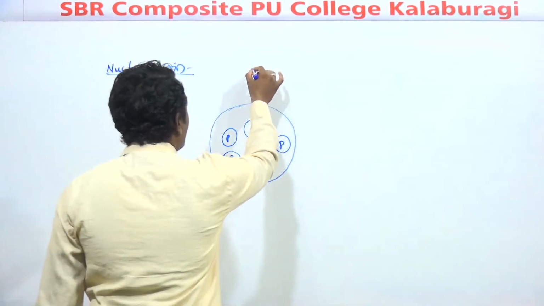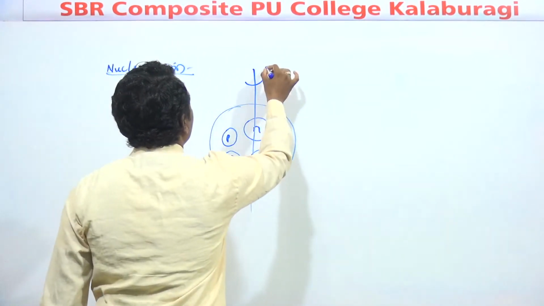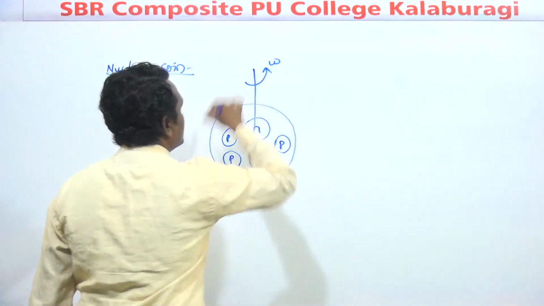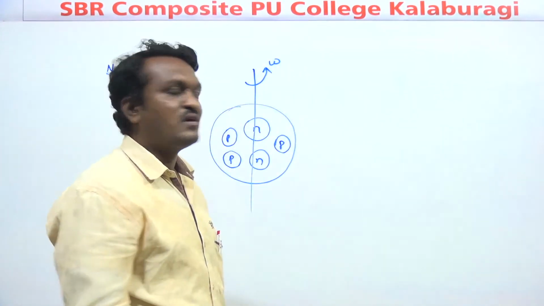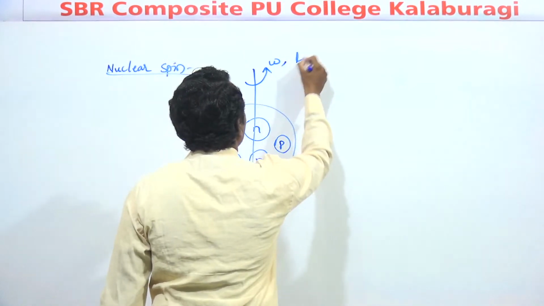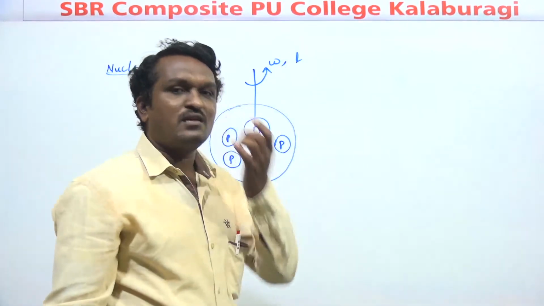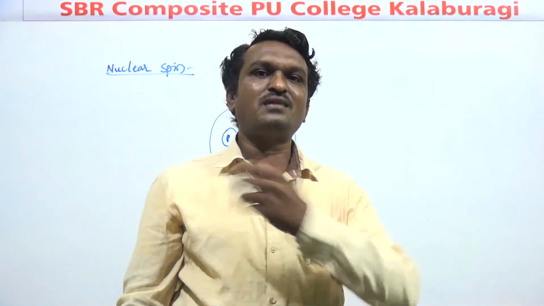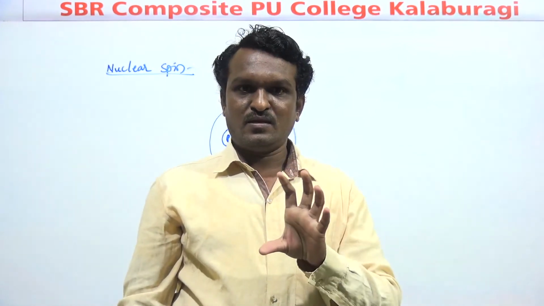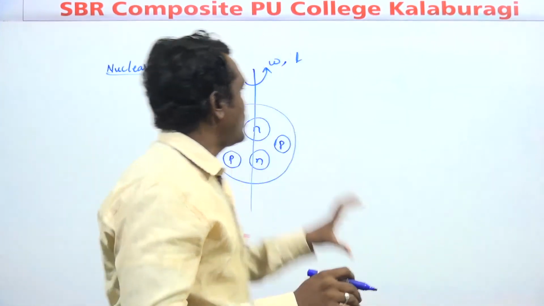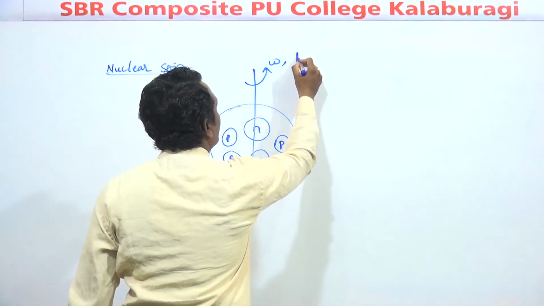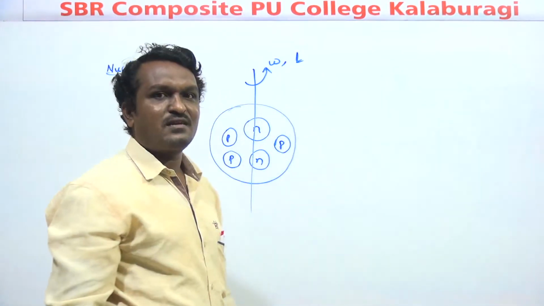This entire nucleus is spinning about an axis with some angular velocity, and it has some angular momentum. Usually angular momentum we denote by the letter L, small l or capital L. When we take it as a whole, in combination, we denote it by capital L; for a single particle, we generally use small l.